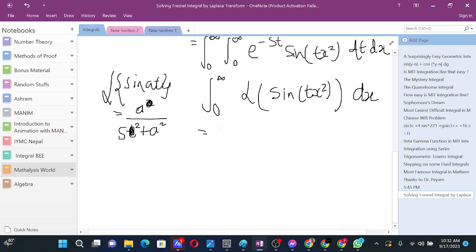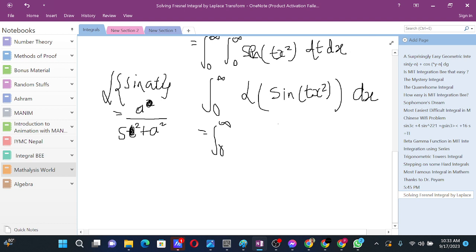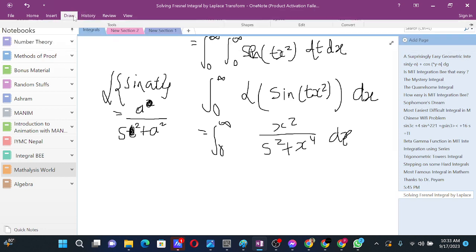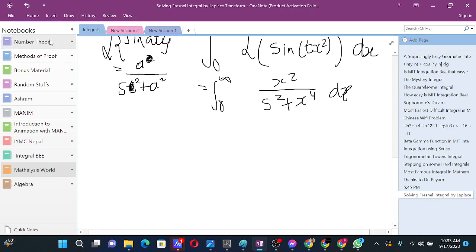We'll use that over here, integral from 0 to infinity. And our constant is x square, so x square by s square plus x to the power 4 dx. Now to evaluate this, first of all, we can take the constant term out.